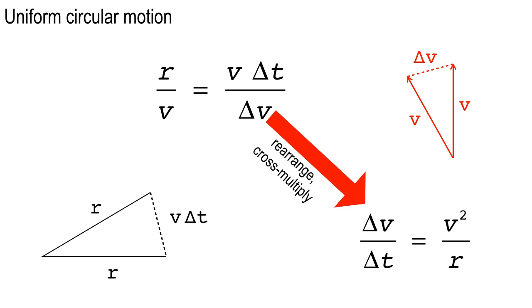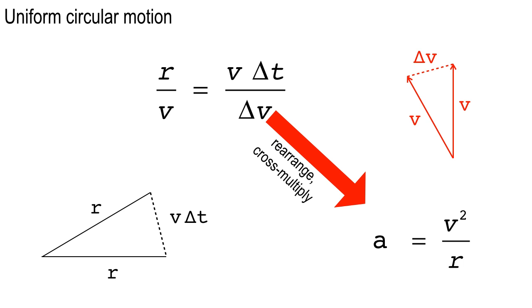Now, this right here is the definition for acceleration. So go ahead and write down a equals v squared over r.